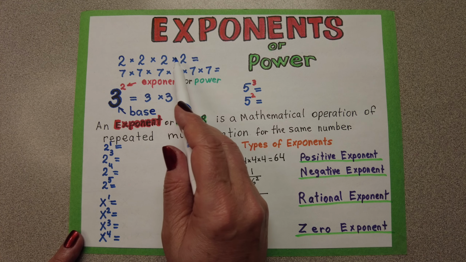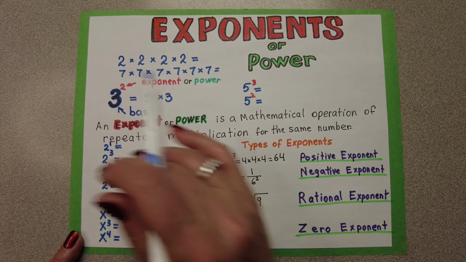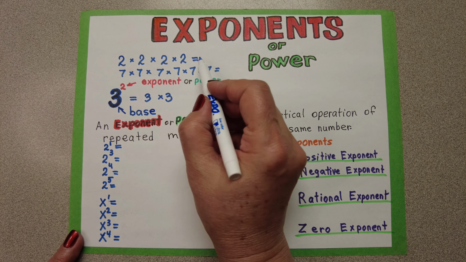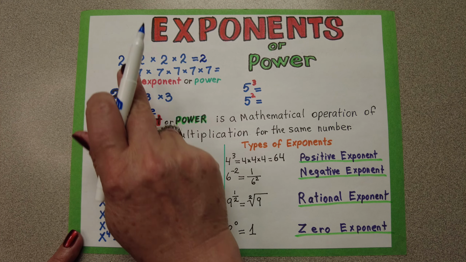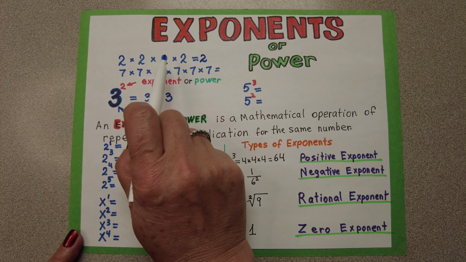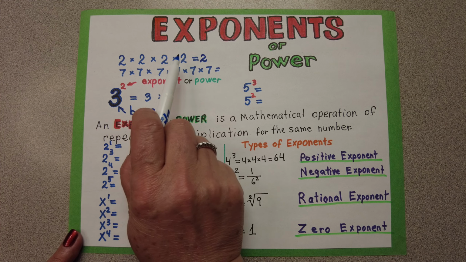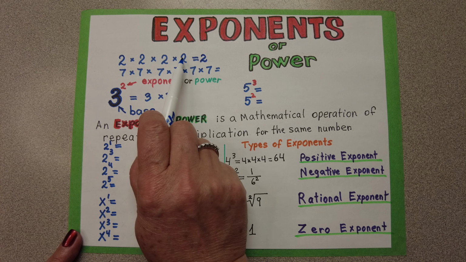Instead of writing these long operations, mathematicians decided to make the exponent, and they made this base 2, and 2 times 2 times 2 times 2. How many times do we multiply 2 together? 1, 2, 3, 4.